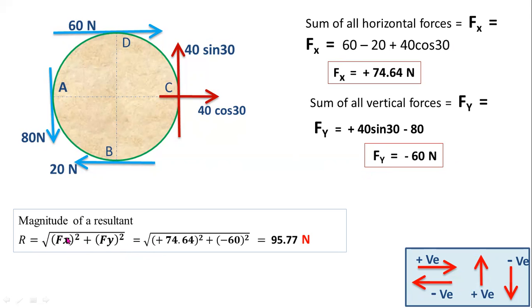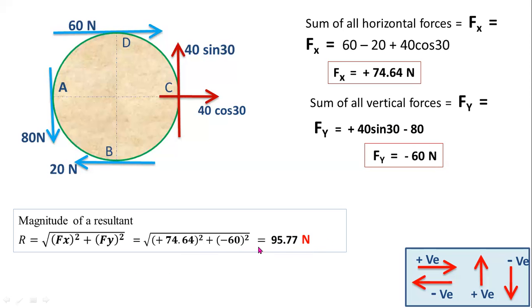So here we already know the value of Fx equal to 74.64 and Fy equal to minus 60. So square root of 74.64 whole square plus minus 60 whole square equal to 95.77 Newtons. Okay, this is the magnitude of the resultant.